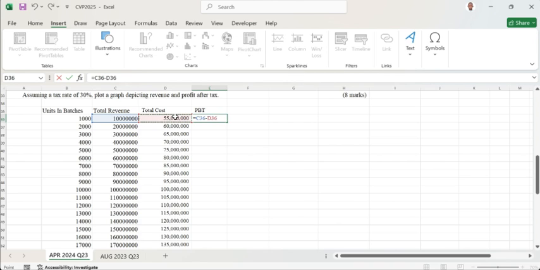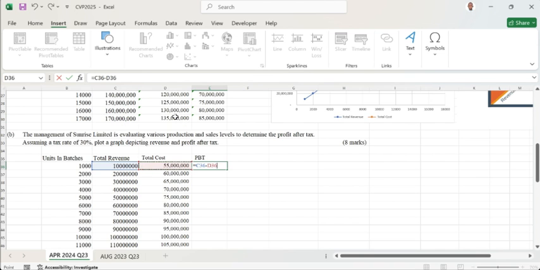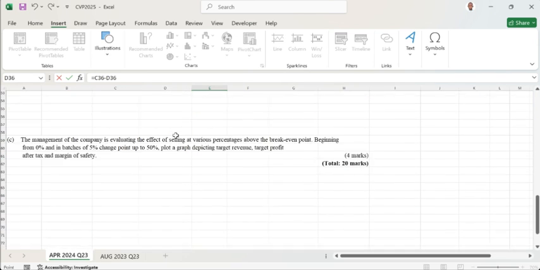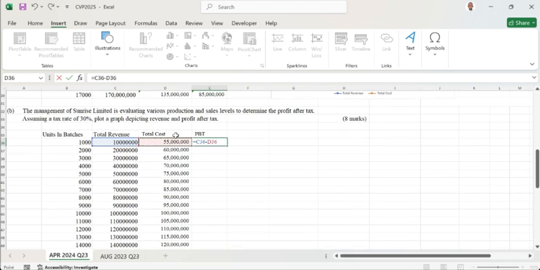My question is, how do we get profit before tax? It is equivalent to total revenue minus total cost.